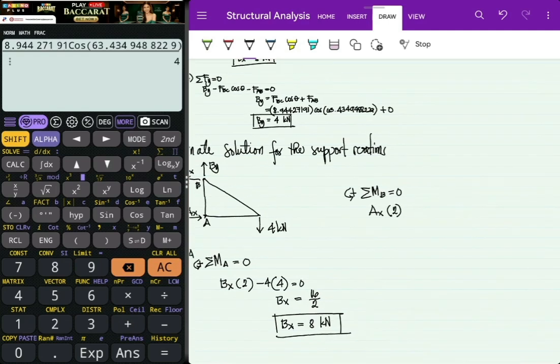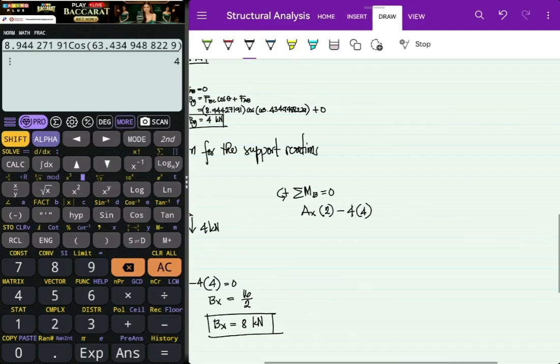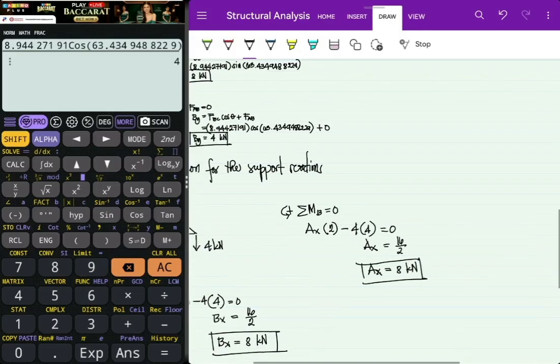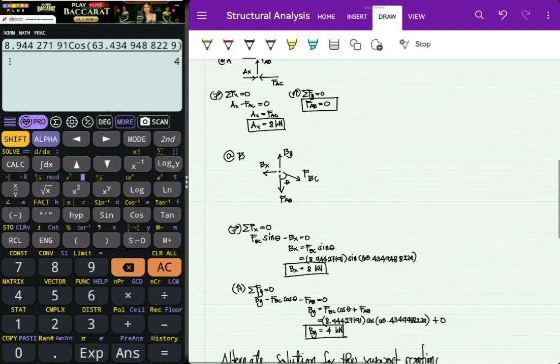Then 4 is clockwise. 4 times perpendicular distance of 4 kilonewtons from A is also 4, is equal to 0. So that A sub x is equal to 16 over 2. A sub x is equal to 8 kilonewtons, which is again the same with what we got here.